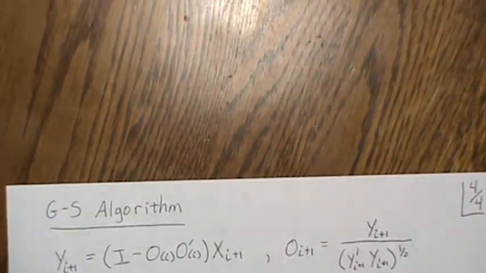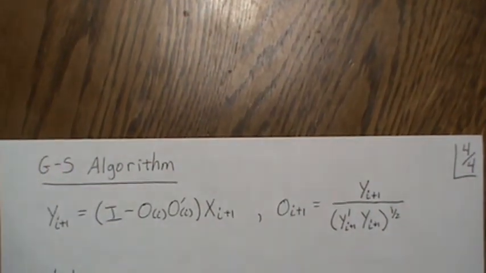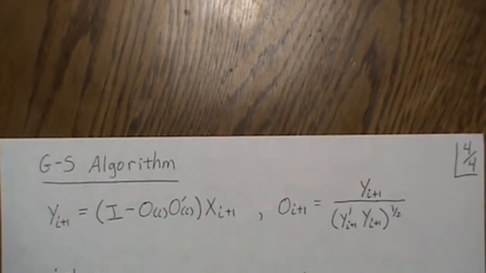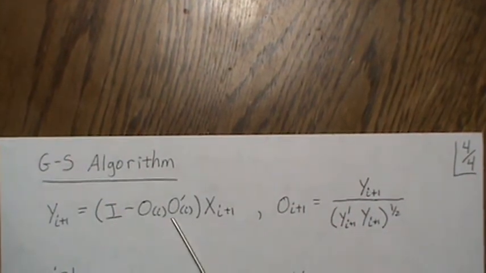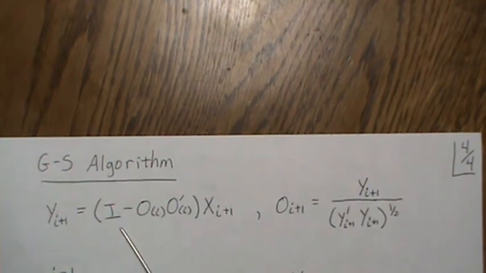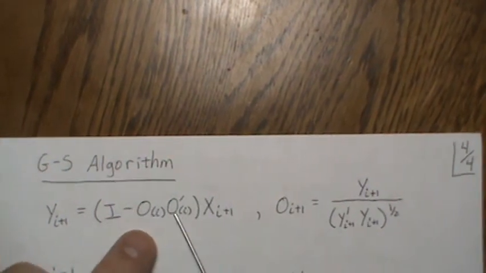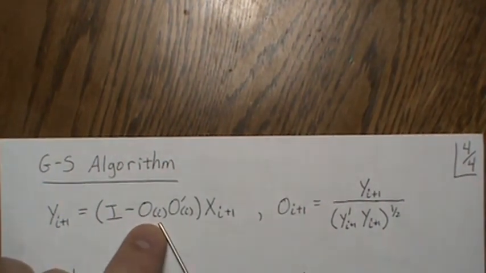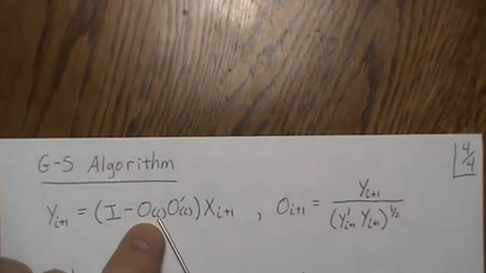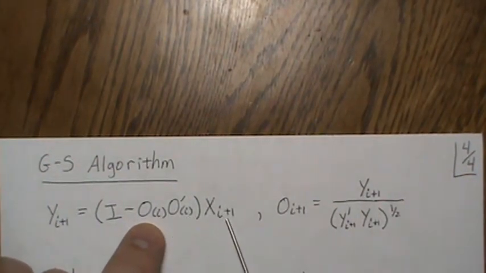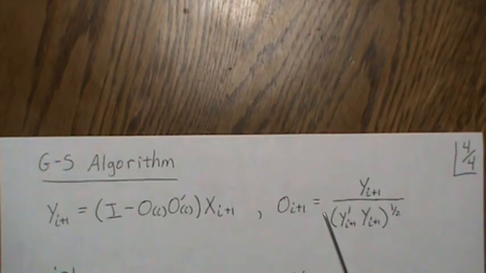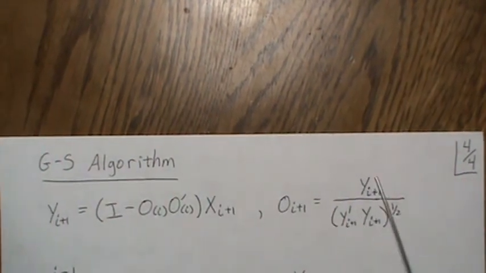Okay, so with that background, this is the one-step Gram-Schmidt algorithm. This is it. So y(i+1) is I minus the orthonormal basis for the first i columns, times x(i+1), and then we normalize it.